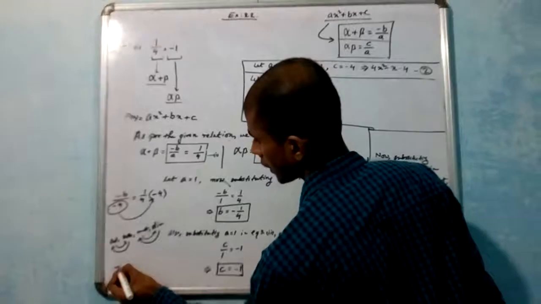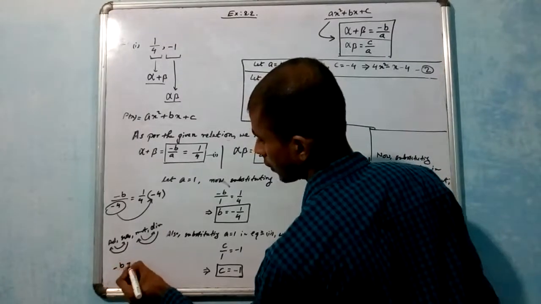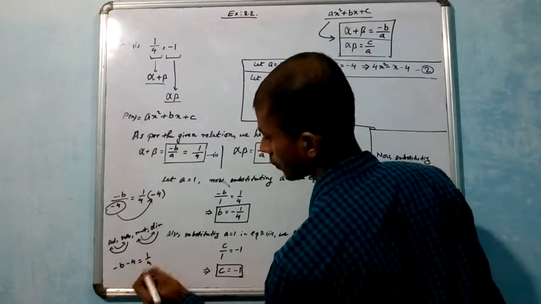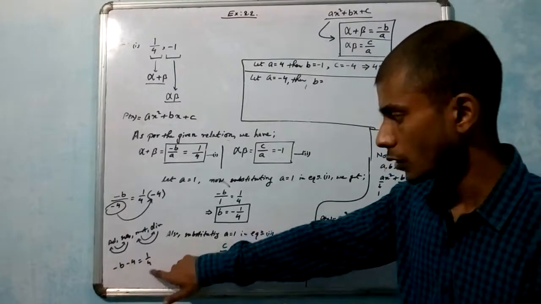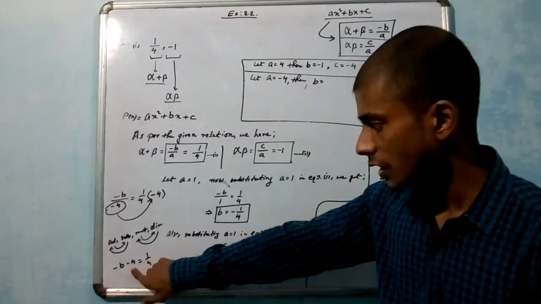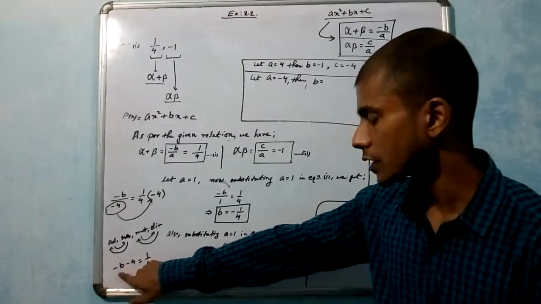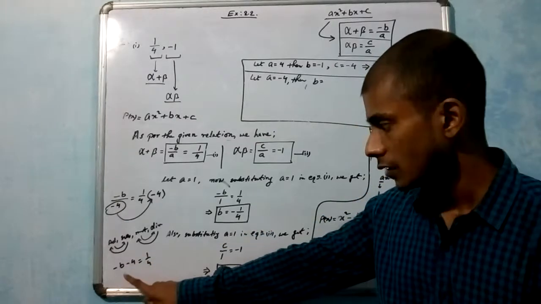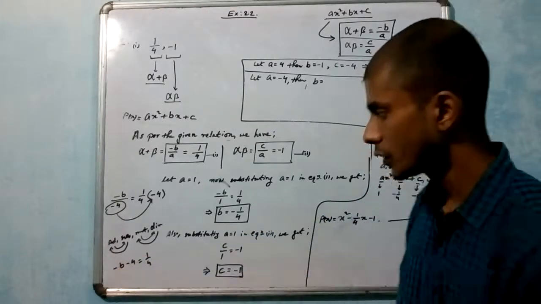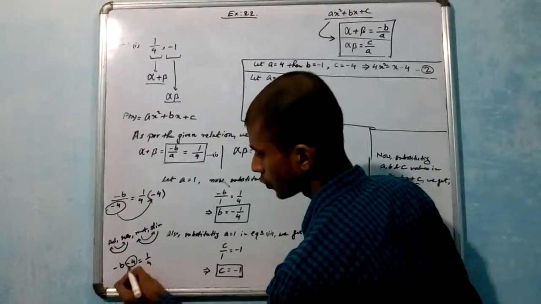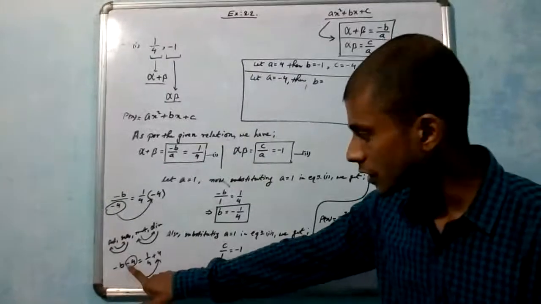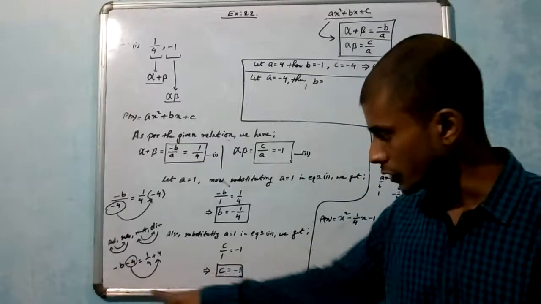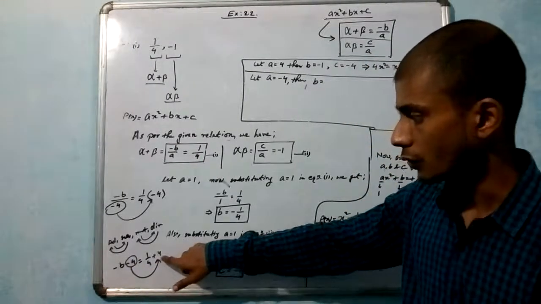If suppose it had been like this, minus b minus 4 is equal to 1 by 4, then in this case 4 is in subtraction with minus b. Then we can say that when minus 4 goes to that side, it will go as plus 4, because subtraction of 4 is there, so when it changes its side, it will go as addition of 4.